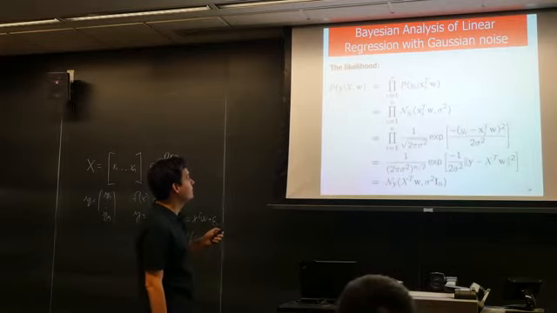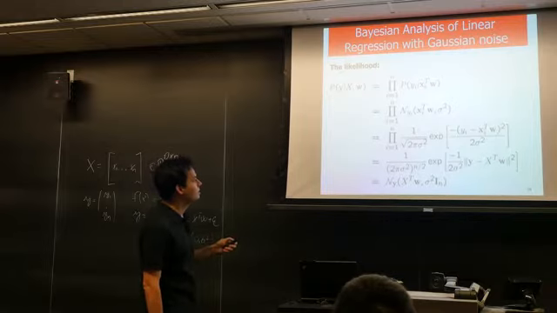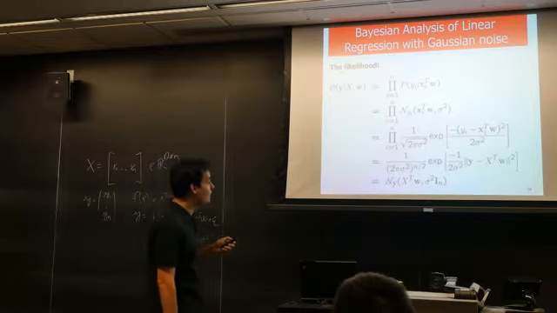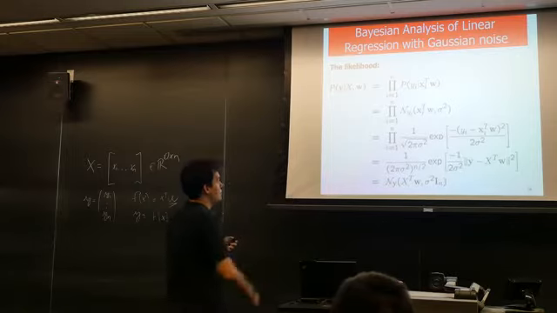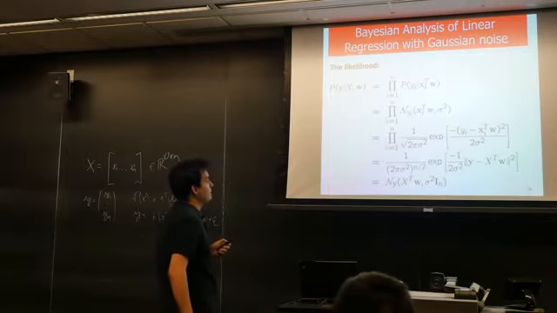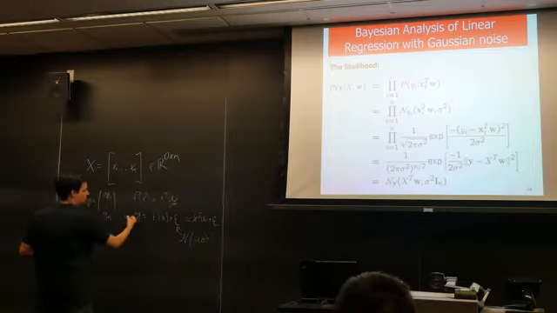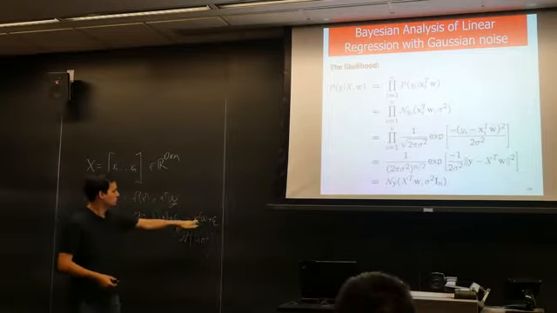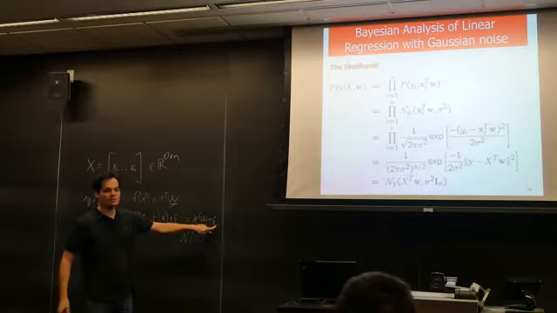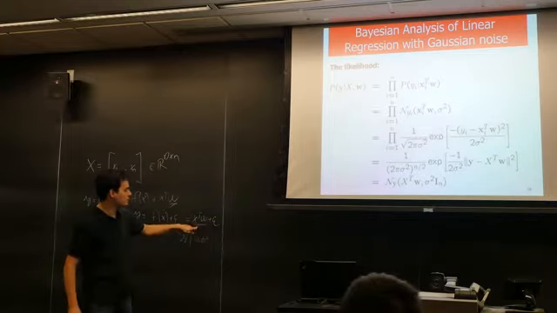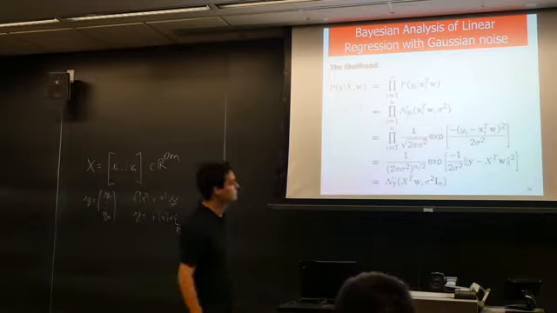So let's see the likelihood distribution. That's the probability of y given x and the w's. We have n independent pairs, and we know that for each, the distribution of y given x and w will be just a Gaussian distribution, right, with this mean and variance sigma squared.